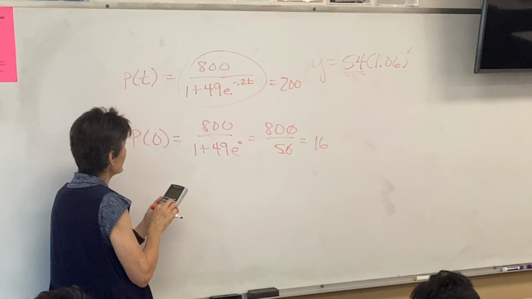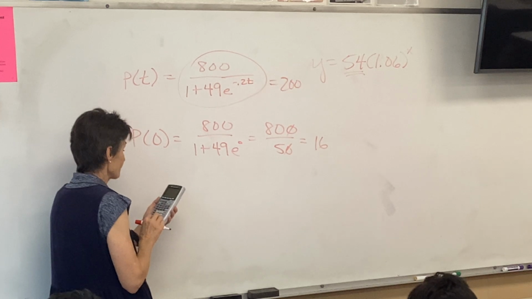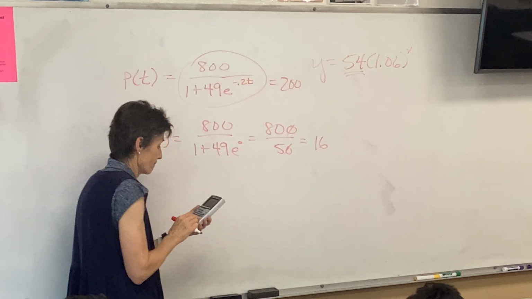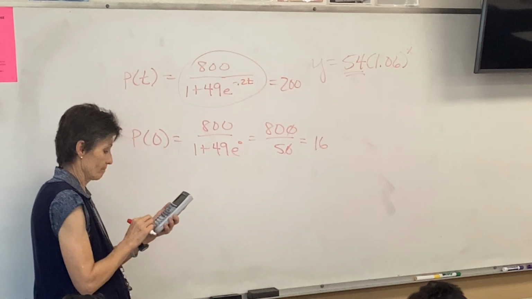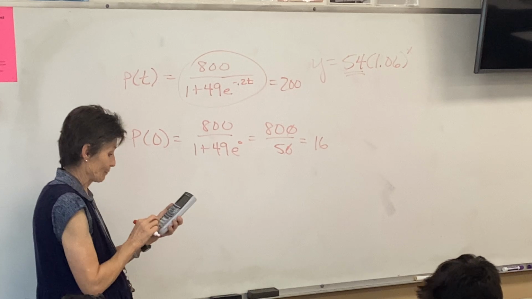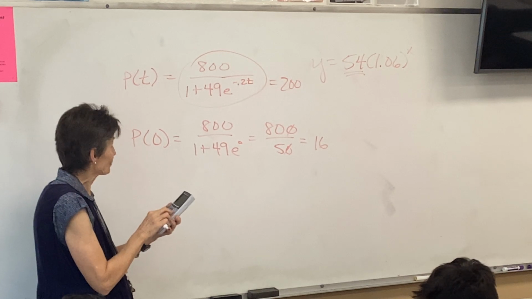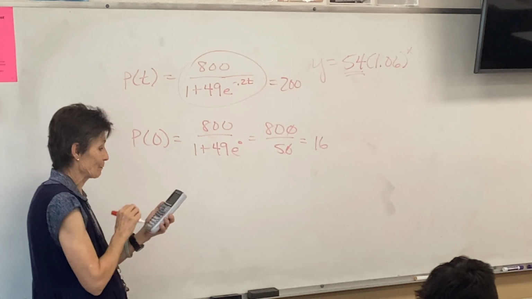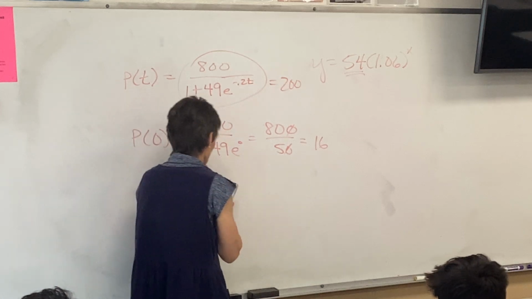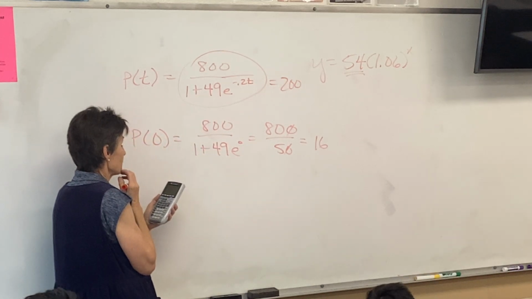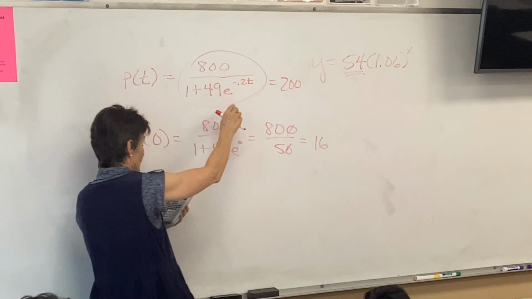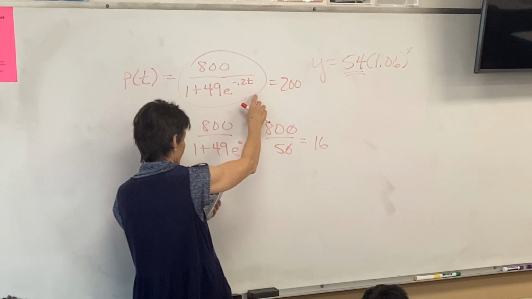And then your other equation is 200. Okay, so. Remember to get e in second ln. That whole thing is your exponent.